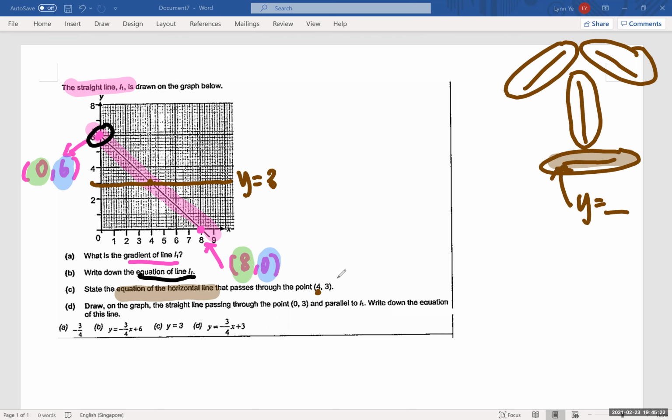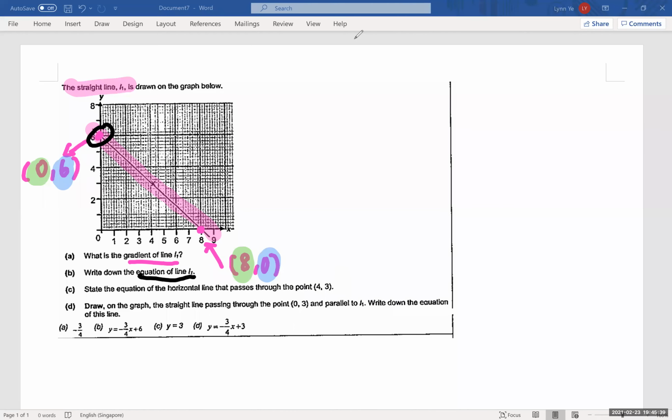Next up, let's do question D. They want you to draw on the graph a straight line passing through (0, 3). So where's (0, 3)? X is 0 and y is 3 means this one. It needs to pass through this dot and it's parallel to L1. Then they want you to write the equation of this line.